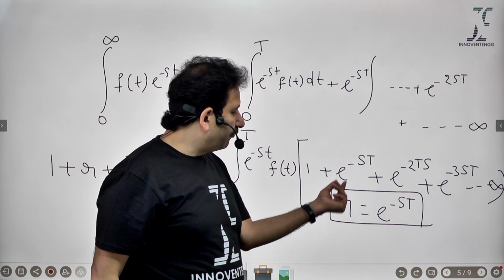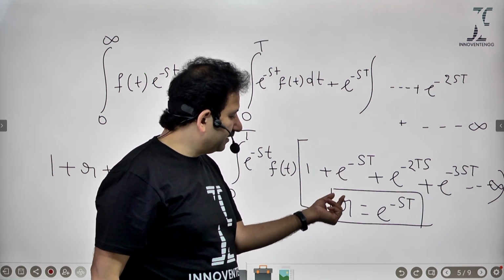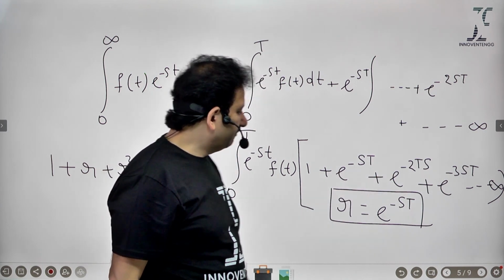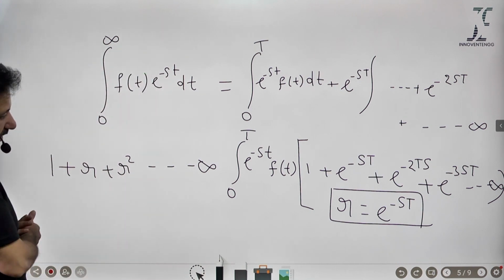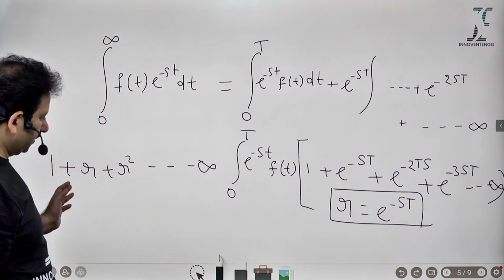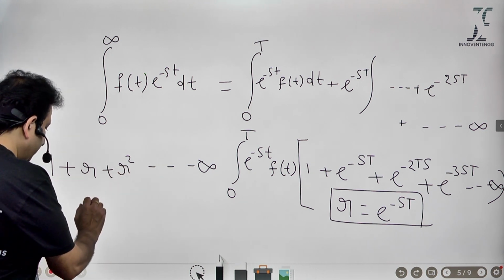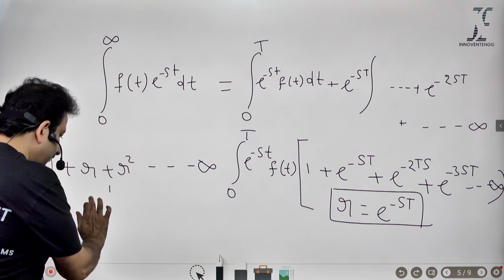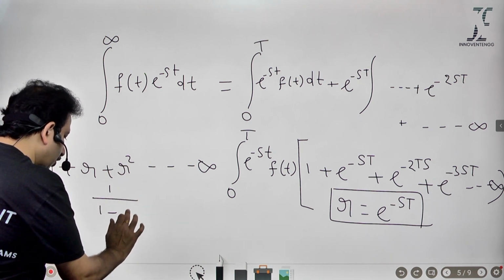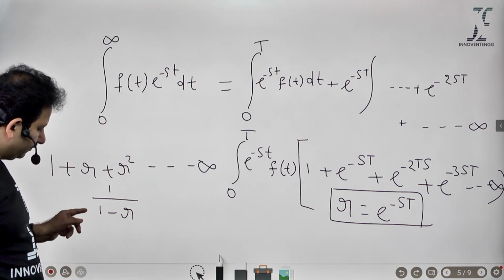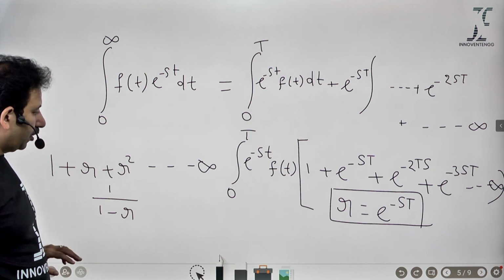Here r is 1 by e power sT, which means it is less than 1. So for an infinite geometric progression whose r is less than 1, the sum is given by the initial term divided by 1 minus the common ratio: initial term 1, over 1 minus common ratio.